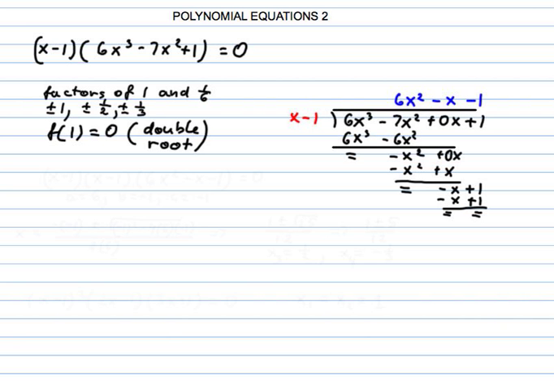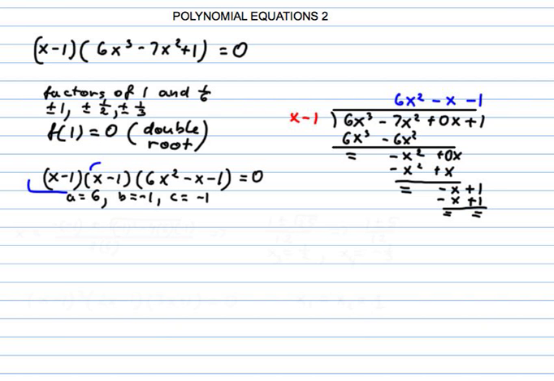When you divide, you get x minus 1 times 6x squared minus x minus 1. So the first factor is x minus 1, the second also is x minus 1, and now you have a quadratic equation. Isn't that beautiful? Quadratic equation now, you know what to do. This is the moment that you get very, very excited.